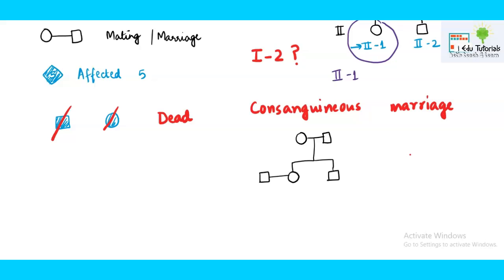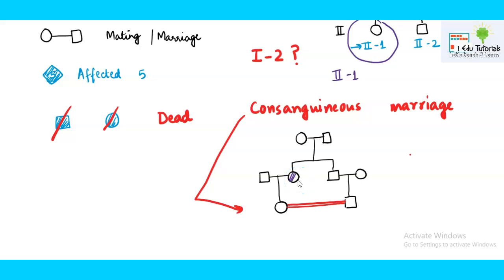So the girl will marry a boy and the boy will marry a girl, and they had one girl, and in the other family, the brother's family of this girl, they had a boy. Now if the marriage happens between this girl and boy, however they are cousins, then this marriage is known as consanguineous marriage, because the marriage between close cousins is happening.